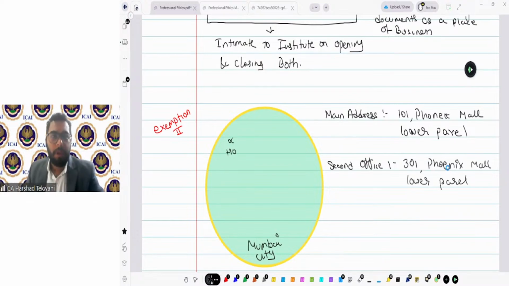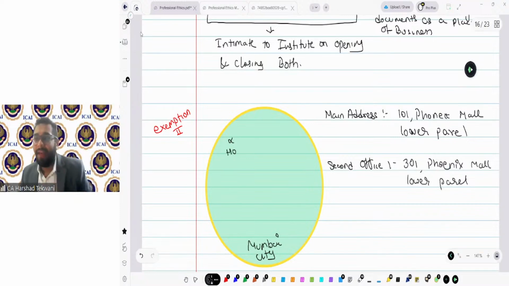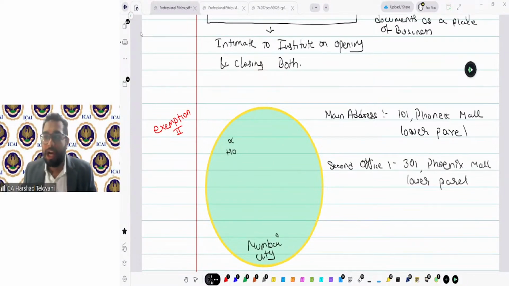Okay, Lower Parel. Now, if I am doing this, they are in the same premise. In that case, again, I have an assumption that I can open this second office without having a separate in charge who is a member of the institute. So let's say, for example, this is the second office, which is in the same premises.